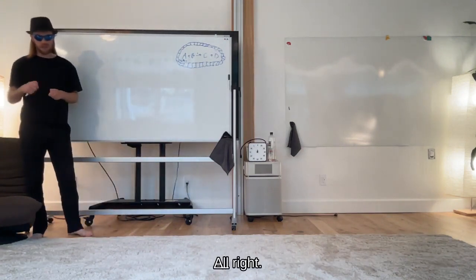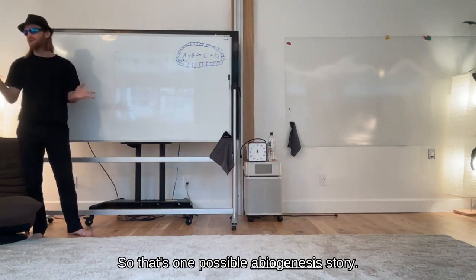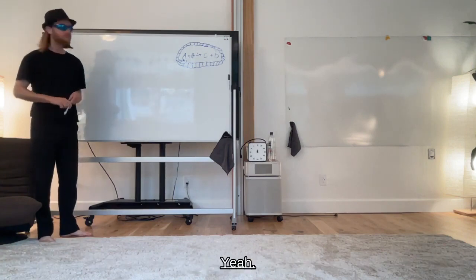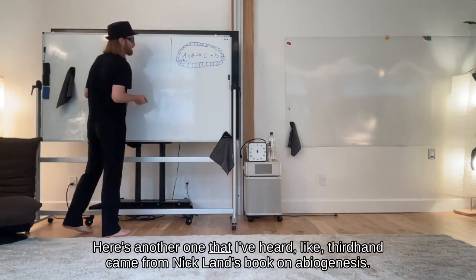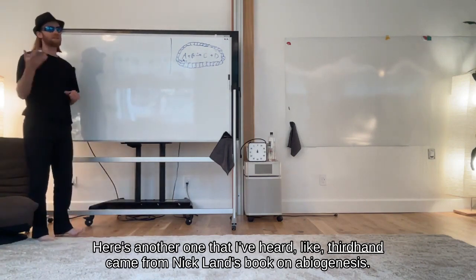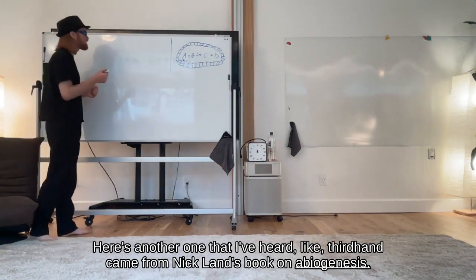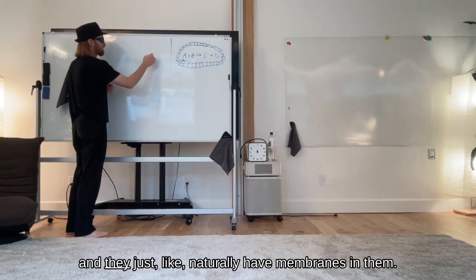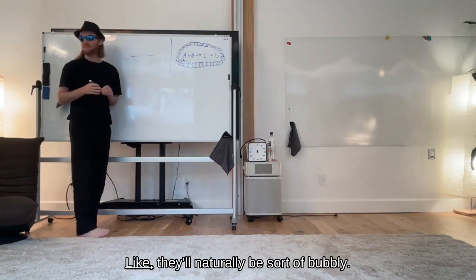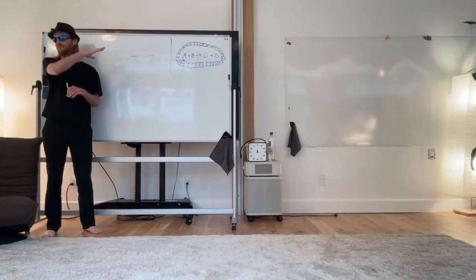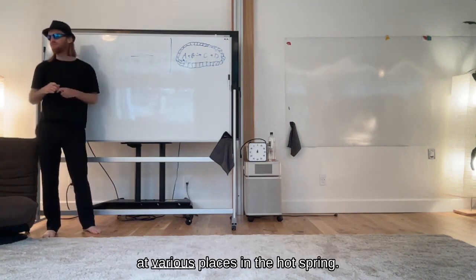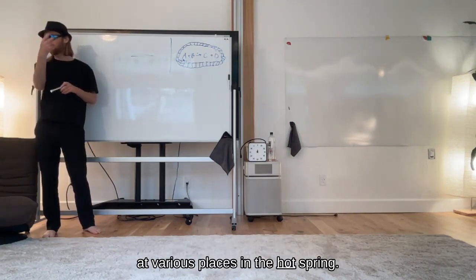So that's one possible abiogenesis story. Again, probably wrong, but I'm trying to illustrate the space of possibilities. Here's another one that I've heard third hand, which came from Nick Land's book on abiogenesis. You've got these hot springs deep in the ocean, and they naturally have membranes in them. They'll naturally be sort of bubbly. There's a lot of oils in there, and they'll naturally form little membranes at various places in the hot spring.